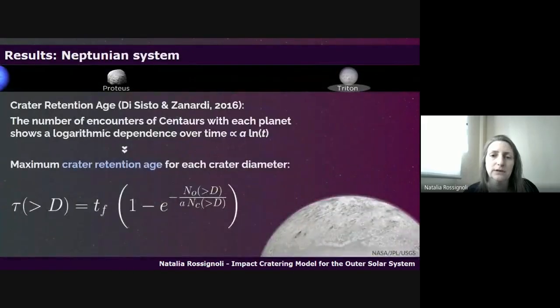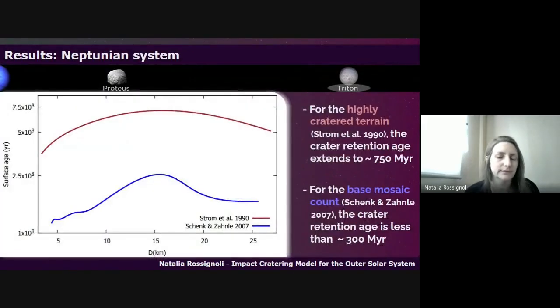This plot here shows how long a crater can survive on Triton. If we take just the blue curve, because we think that these crater counts are more representative of the whole surface, you can say that a crater can survive for 300 million years or less.